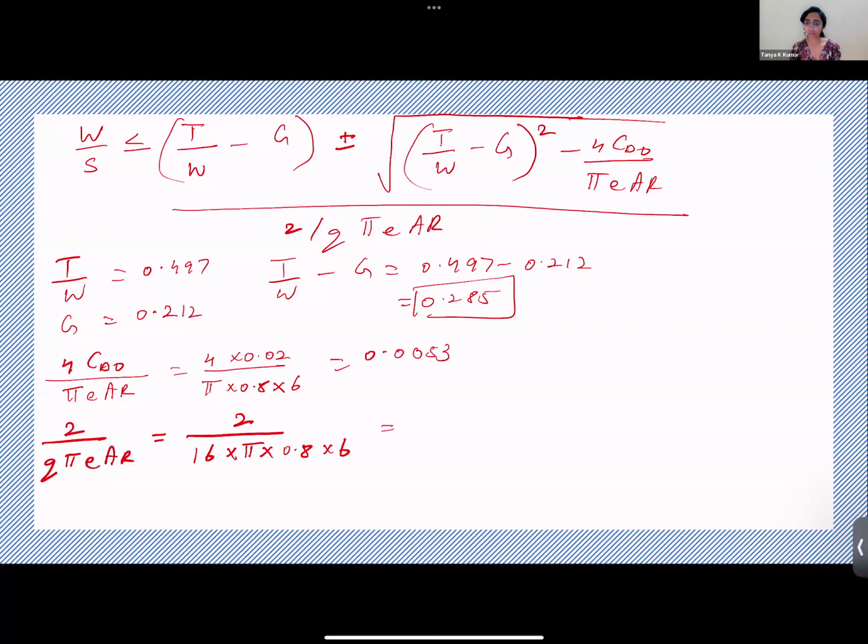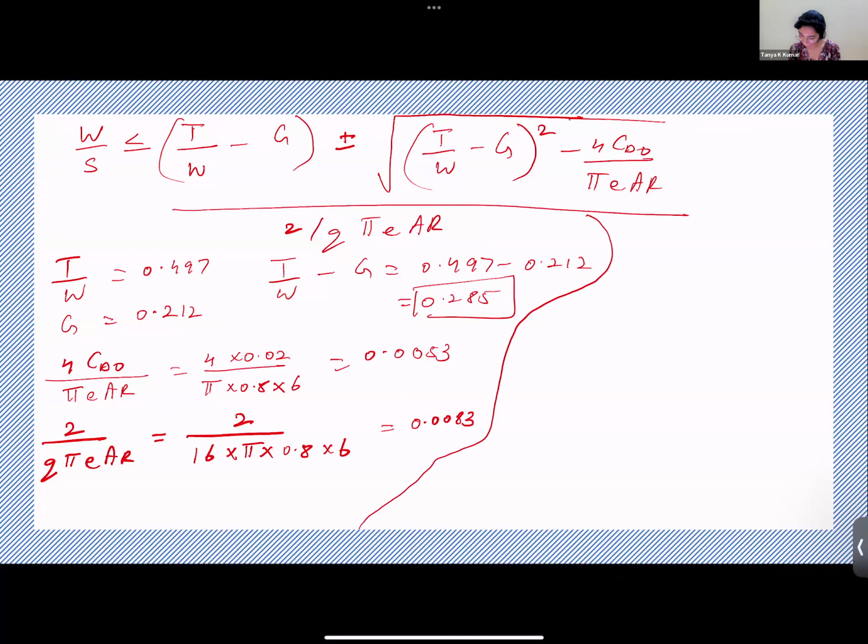What is this value? It is 0.0083. Now just plug it into the main equation.